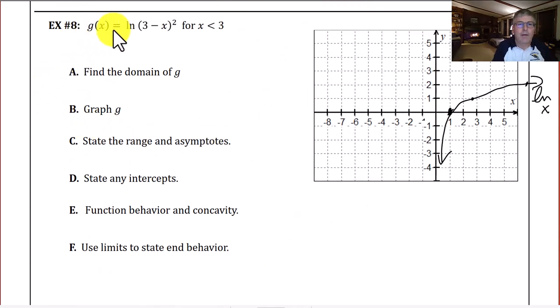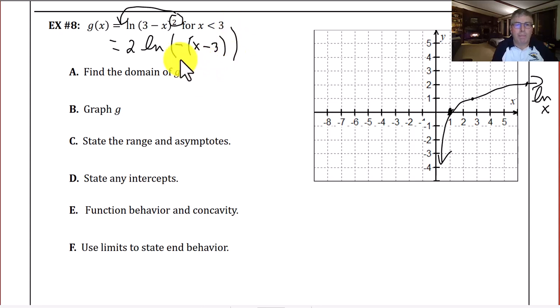In example 8, we're given g of x equals the natural log of (3 minus x) quantity squared. Well, we can go ahead and invoke our power rule and bring the 2 down in front. So we get 2 natural log of 3 minus x, which really is the same as 2 natural log of the opposite of (x minus 3). I always like factoring out that negative sign.